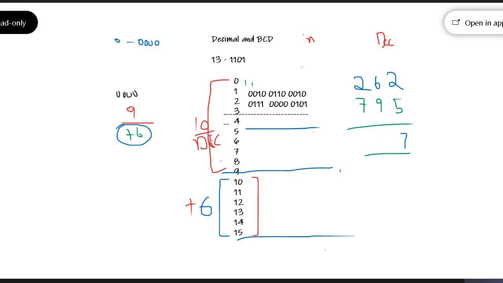So 9. So how much is this? 15, right? So this one will come here. So 7, 8, 9, 10. Now this is right? 1057. Now I'll represent this value here.